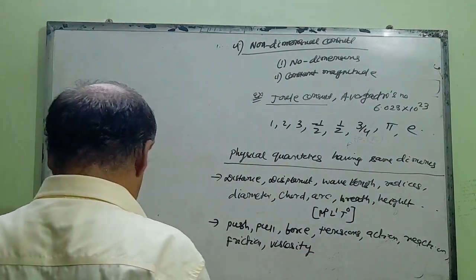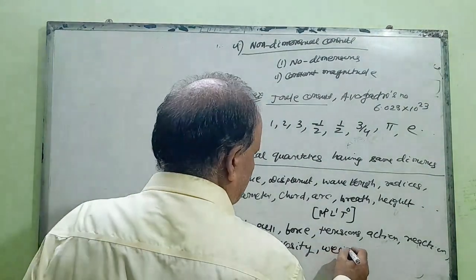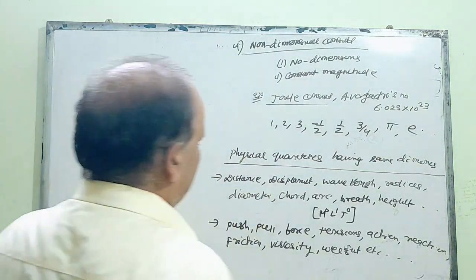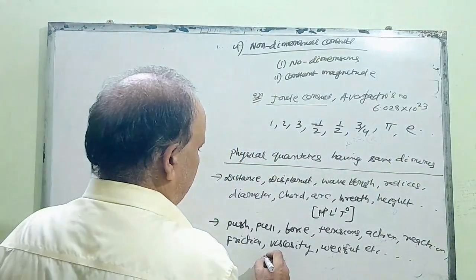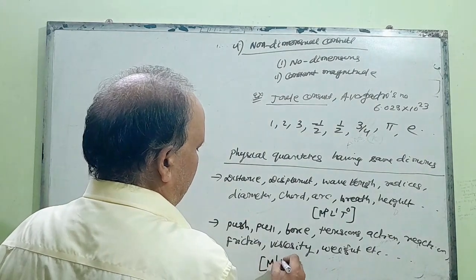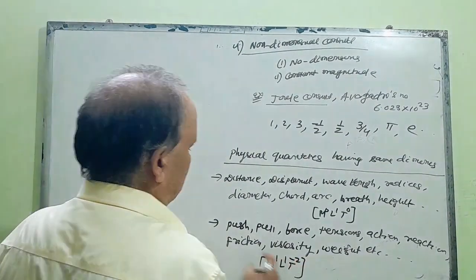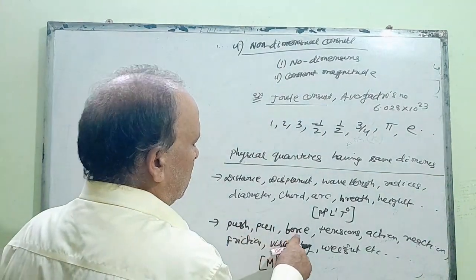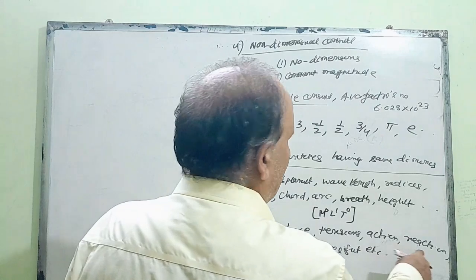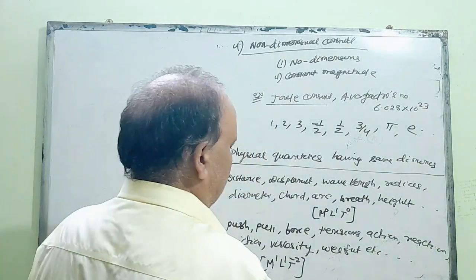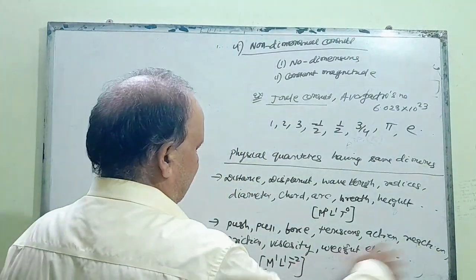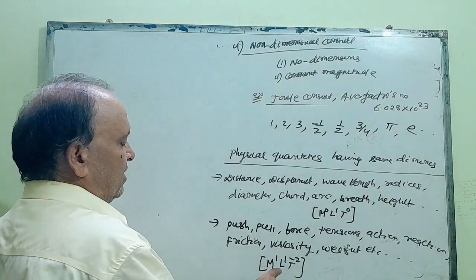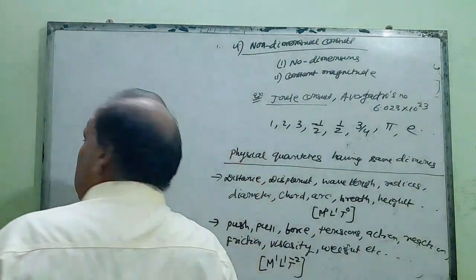Viscosity means liquid friction. Weight, etc. have same dimensions or same dimensional formula, that is your M1, L1, T to the power minus 2. You remember push means this is also a force. Push, pull, force, tension, action, reaction, friction, viscosity, weight, all these, and there are so many other things like this. They have same dimensional formula, that is M1, L1, T to the power minus 2.